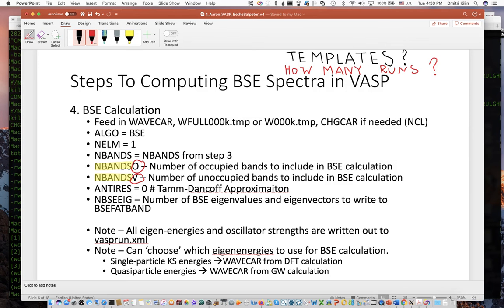And something I didn't talk about in the beginning, but to make the calculations run quicker, you can tell it to use the so-called Tamm-Dancoff approximation, which removes the B matrices from the Casida equation. And that's just ANTIRES equals 0.